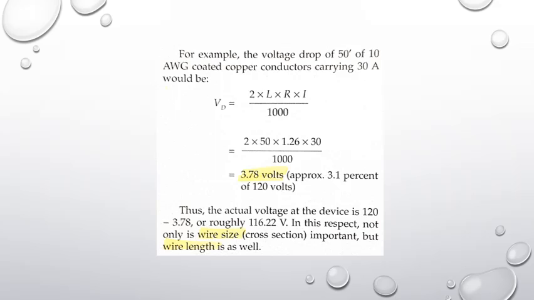Remember, you want to keep your voltage drop under 3%. So 3.1% would be cutting it close. Thus, the actual voltage at the device is 120 volts minus 3.78 in this case, or roughly 116.22 volts. In this respect, not only the wire size or cross section is important, but the wire length is as well.